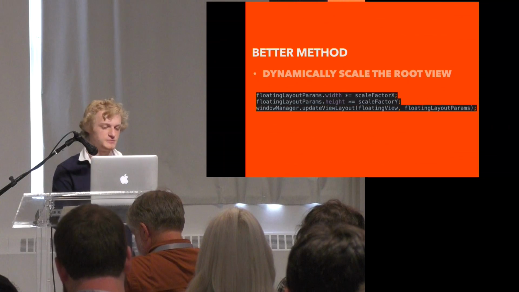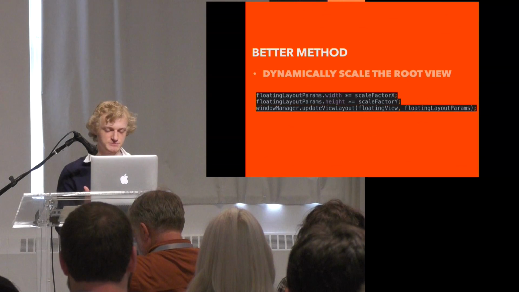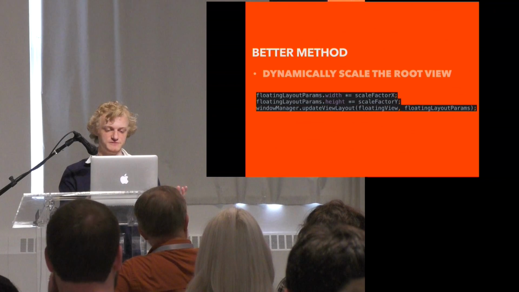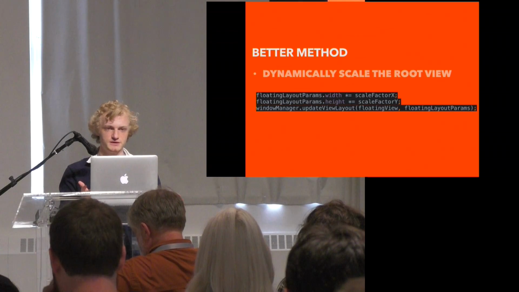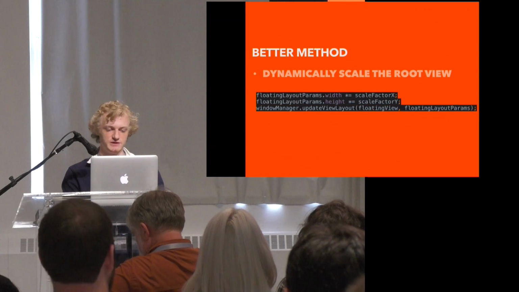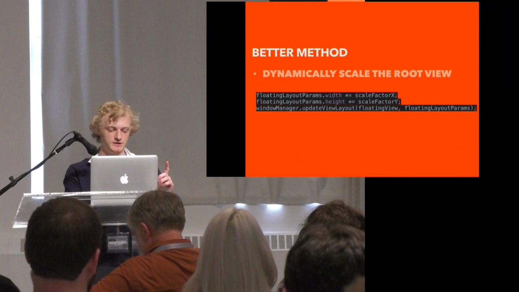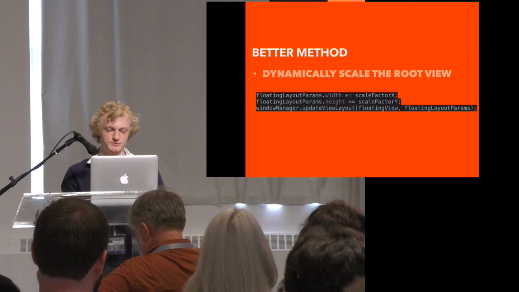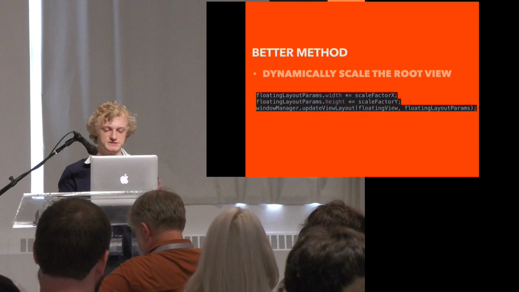Now the problem, this is where it was probably a bit less intuitive: we've doubled our width and height, but our X and Y has stayed the same. So if our gravity was left and top, we've now just scaled to the right and to the bottom. Not exactly what we were really hoping for in our fancy scale animation.